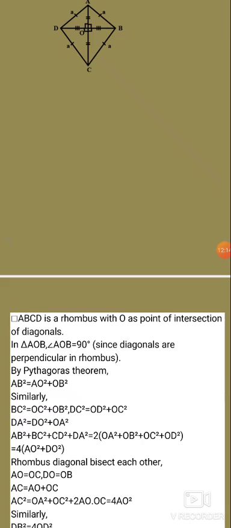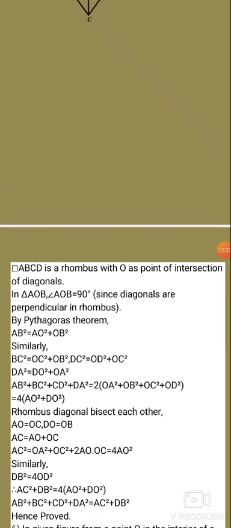Now what is DA square? DA square is equal to DO square plus OA square. Now listen carefully.